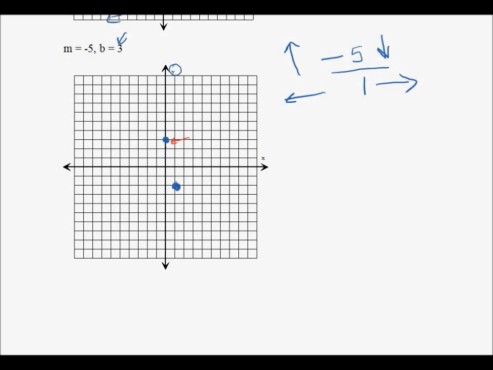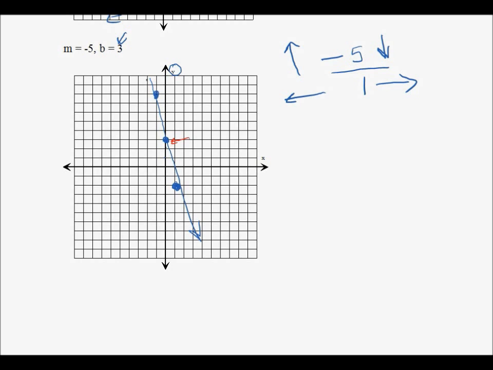So let's do that. I'll move up 1, 2, 3, 4, 5, and over 1. Put my next point. So you see you can go in either direction. You just have to make sure you're going in the correct direction. Then I'll draw my line through.